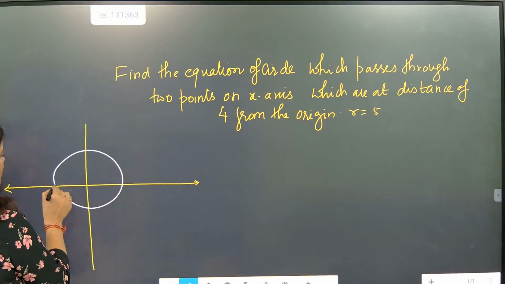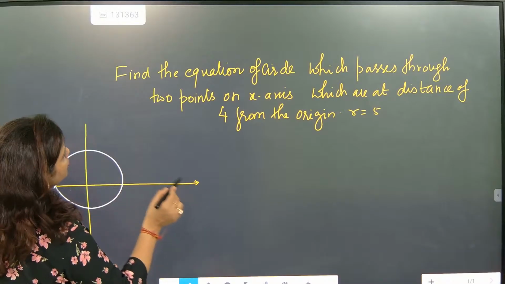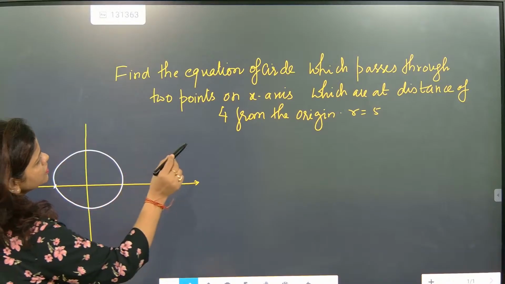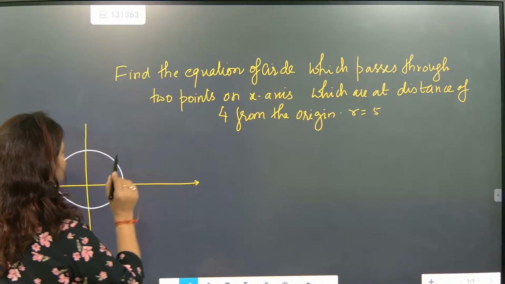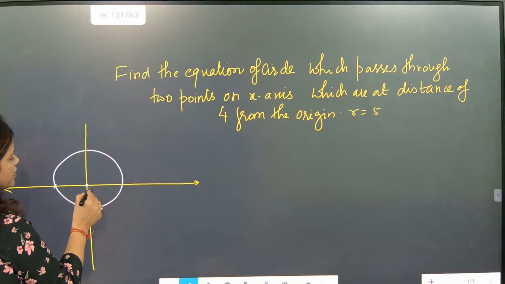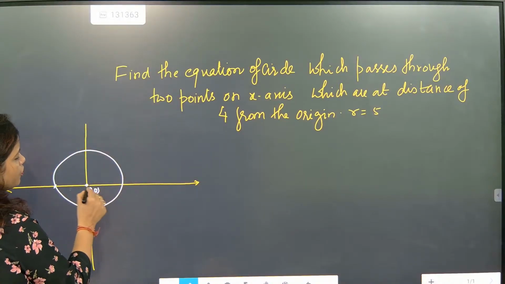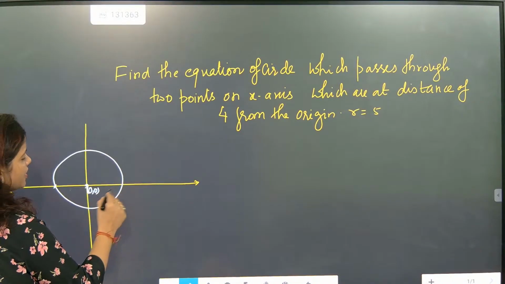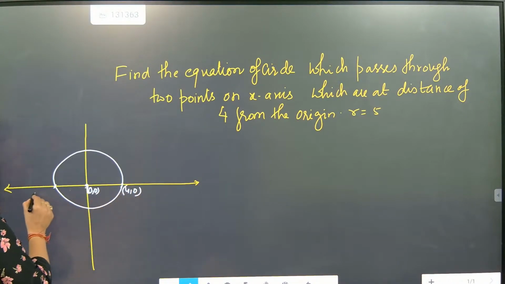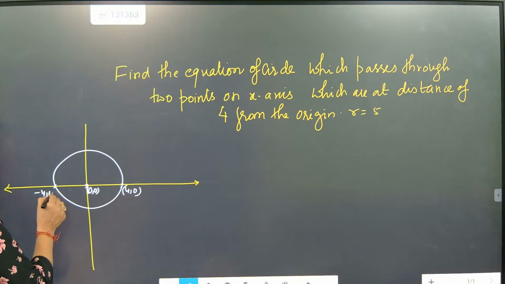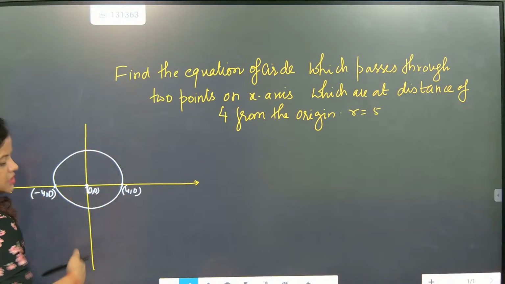If it is cutting 4 units, that means 2 points on the x-axis at a distance of 4 units from the origin. So this is the origin. From the origin 4 units, this part is 4 units, so here it is 4 comma 0, and here it is cutting at minus 4 comma 0.